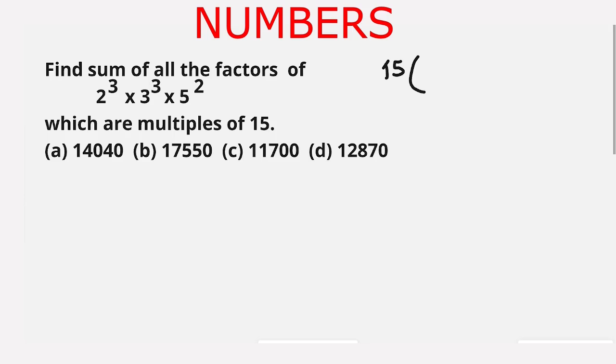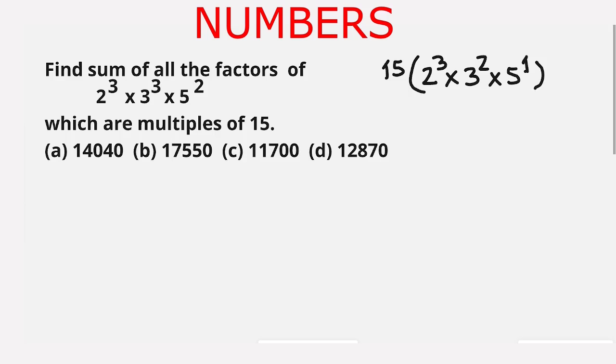So it becomes 15 multiplied by 2 to the power 3 multiplied by 3 to the power 2, as it was 3 to the power 3 and we have taken 1 three out of it. So it is 3 to the power 2 multiplied by 5 to the power 1, as it was 5 to the power 2 and we have taken 1 five out of it. So it is 5 to the power 1.